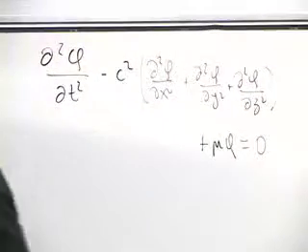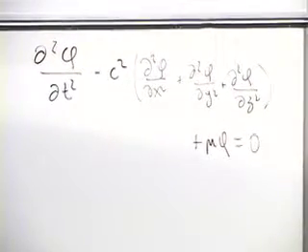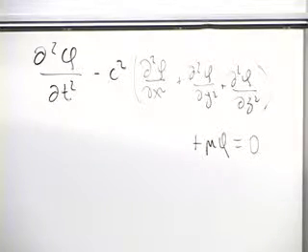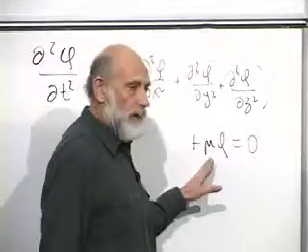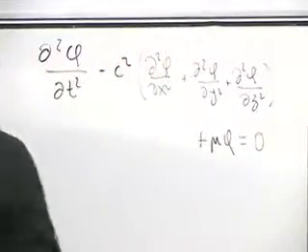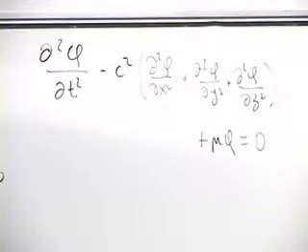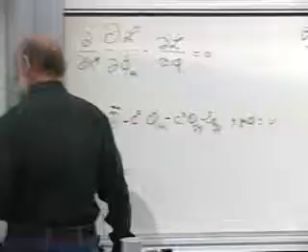I only kept the mu phi there just to illustrate in some generality what it would mean to have a term in the Lagrangian which depends explicitly on phi. I'm going to drop it now. We're going to come back to it. Is it a minus sign? I think it's a plus sign.